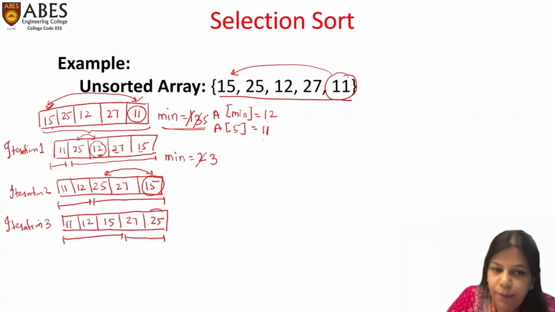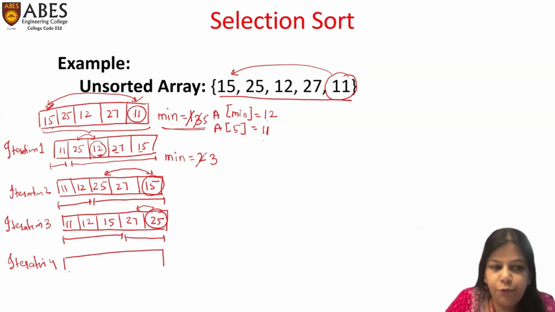Again, we will find out the minimum and we will swap it with the beginning of the unsorted part. So in iteration number 4, as we can see, the values will now be 11, 12, 15, 25, and 27.